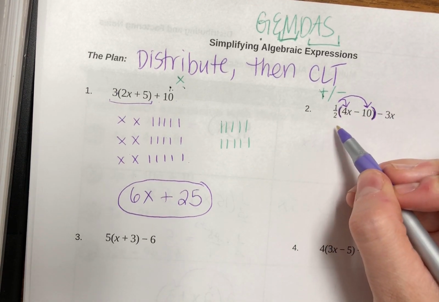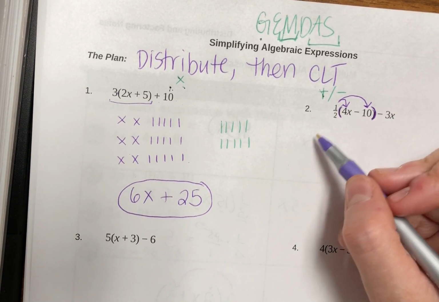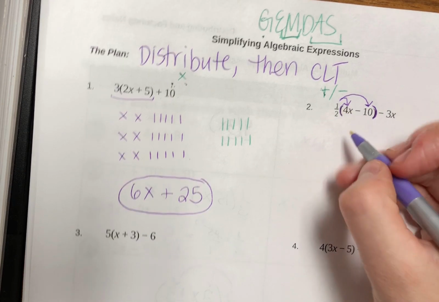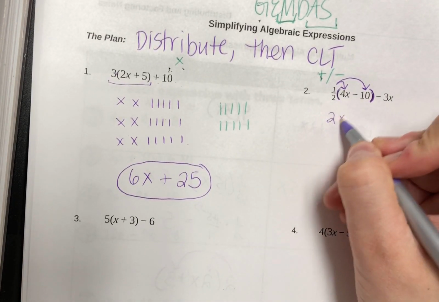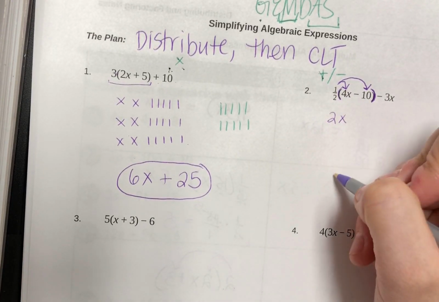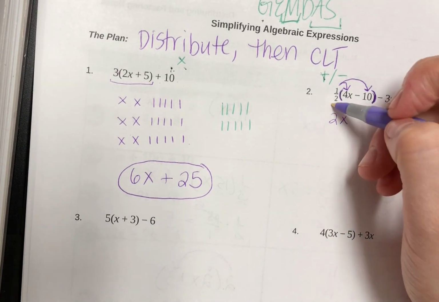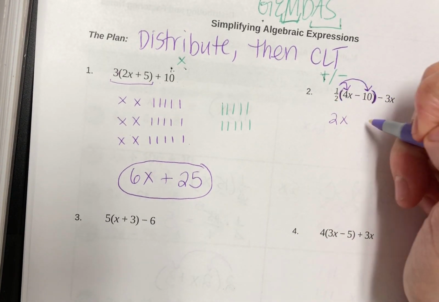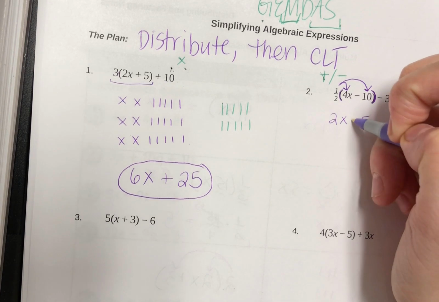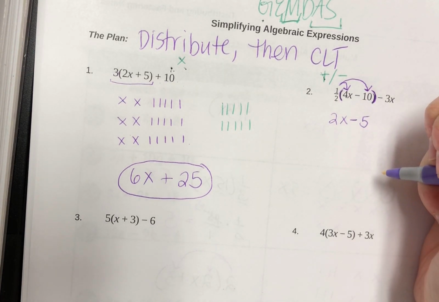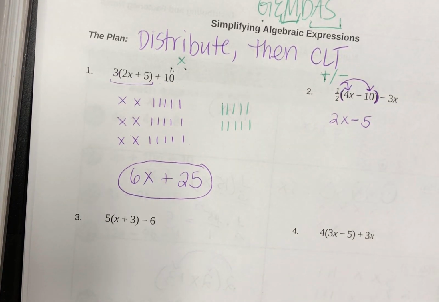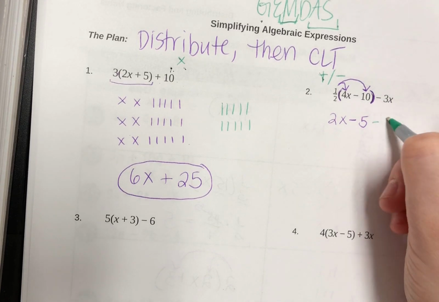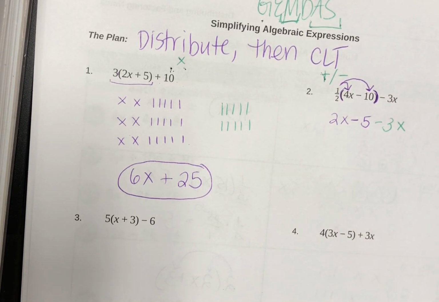Then I'll multiply, because distribute means multiply. So half of 4x is 2x, because half of 4 is 2. And then half of 10 is 5. And I'm subtracting those 2 things. And I still have my minus 3x over to the side.